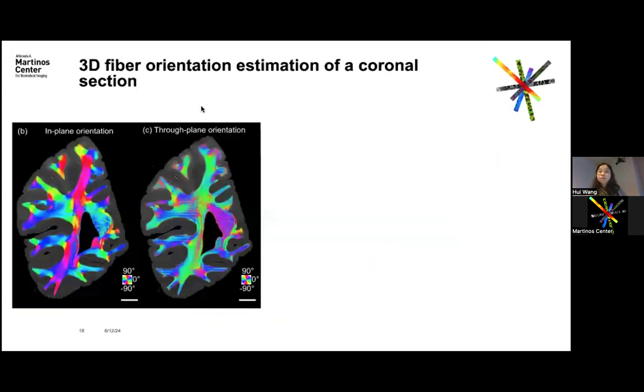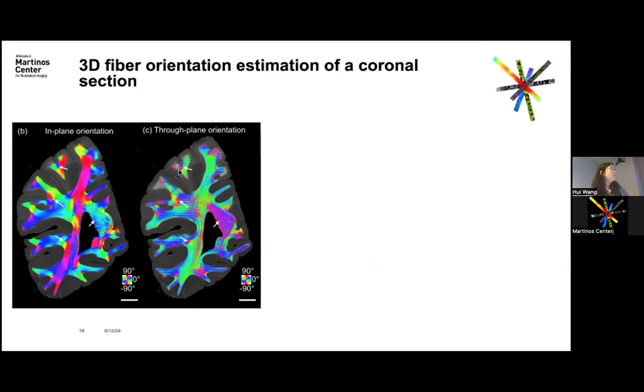Okay, so then with this method, we go on to test in a whole coronal section of the human brain. This is the implant orientation, and the next figure is the through-plane orientation. They all use the same color wheel, and it's interesting to note that deep in the white matter regions, down the south side, you see multiple fiber bundles meet together.